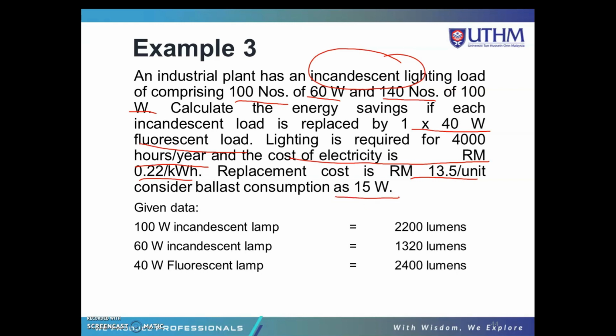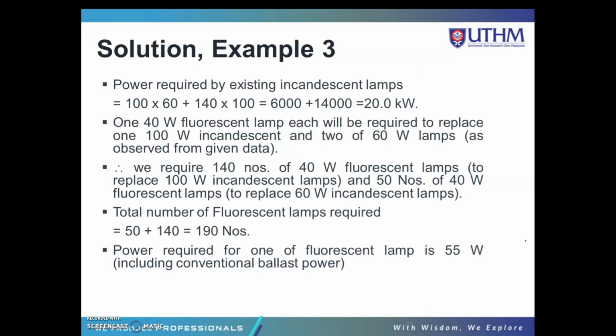So the given data: a 100 watt incandescent lamp is 2200 lumens, a 60 watt incandescent lamp is equivalent to 1320 lumens, while a 40 watt fluorescent lamp is equivalent to 2400 lumens. Okay, so this is the solution for example 3.